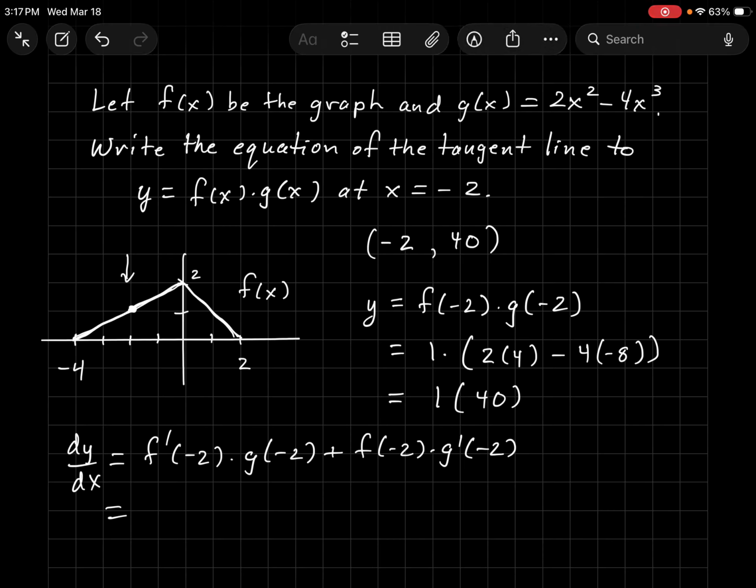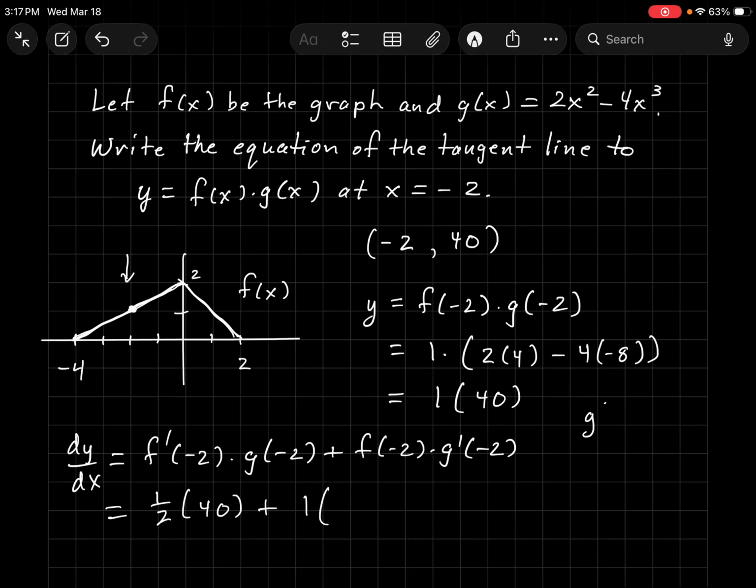But since the derivative is a slope, let's just find the slope of this line, which is up 2 over 4, or 1/2. We already found g of -2, 40. We found f of -2, which is 1.